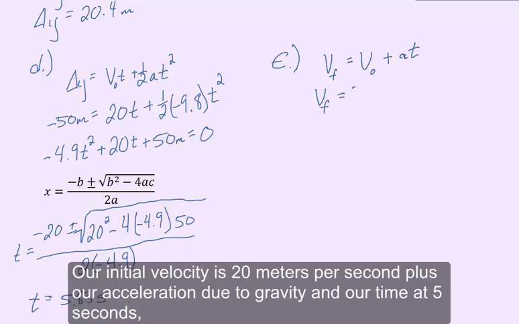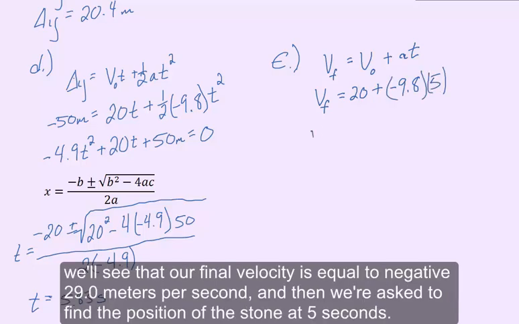Our initial velocity is 20 meters per second plus our acceleration due to gravity times our time of 5 seconds. We'll see that our final velocity is equal to negative 29.0 meters per second.